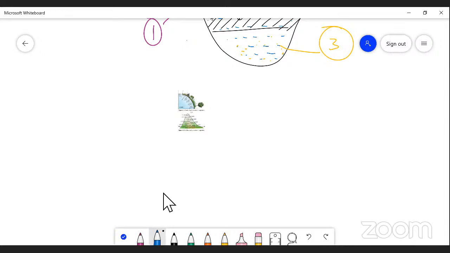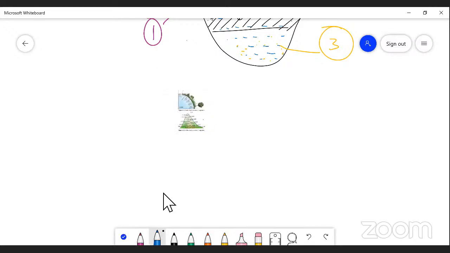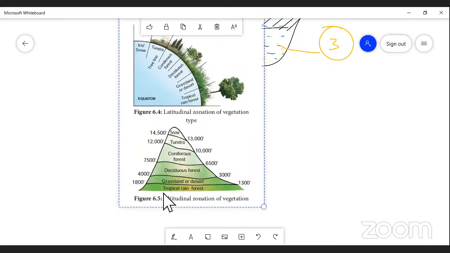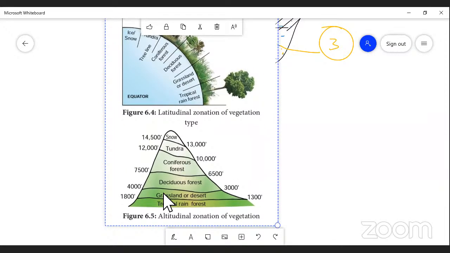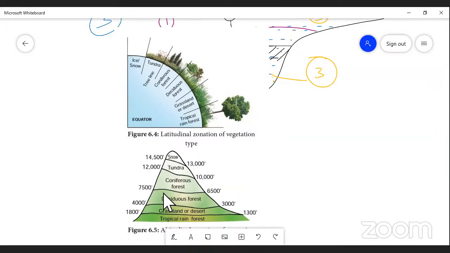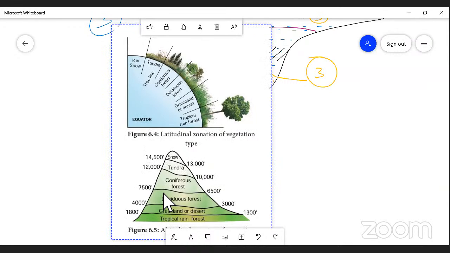Dear students, as I said, based on the zone of vegetation, it is classified into the following types, right? The first category is latitudinal zonation.